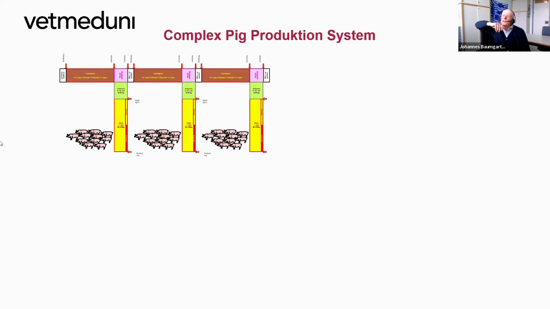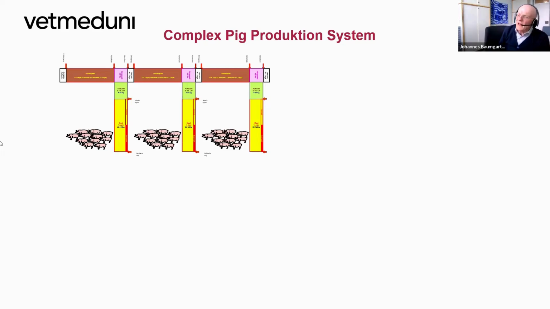Therefore, you can imagine there is an industry in the background which is very specific and well organized to produce this outcome. In Austria, we have 4.5 to 5 million pigs slaughtered a year.